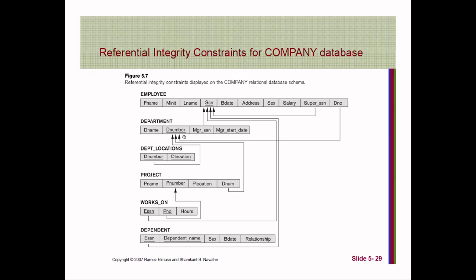So the primary key value changes from X to Y. The corresponding foreign key values are also changed from X to Y. So those 10 employees which used to have the D number value 5, they are also changed from 5 to 50, just like the primary key changes from 5 to 50. This is the cascade operation, the cascade option.